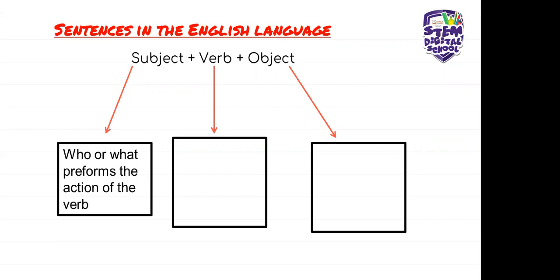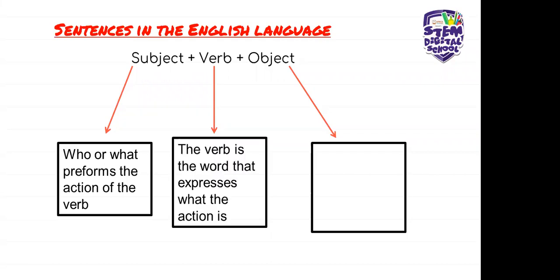But this page is the most important because it tells you exactly how to find the object, the verb, and the subject. Okay, so the subject is who or what performs the action of the verb. The verb is the word that expresses what the action is.